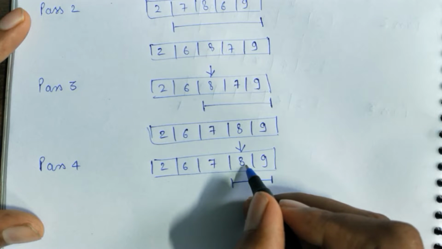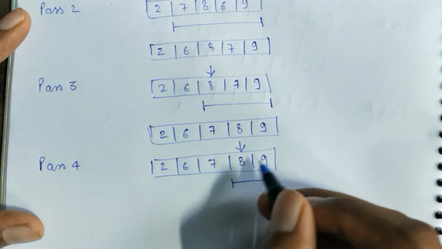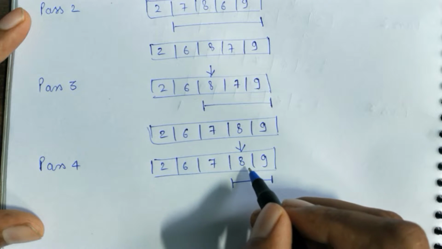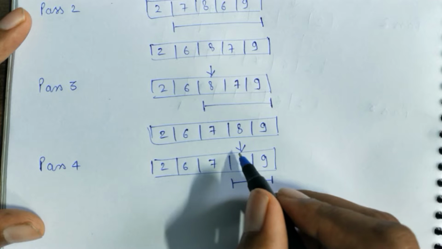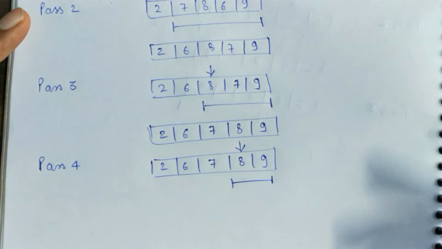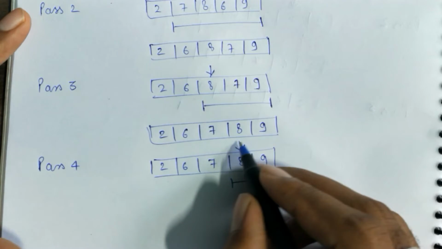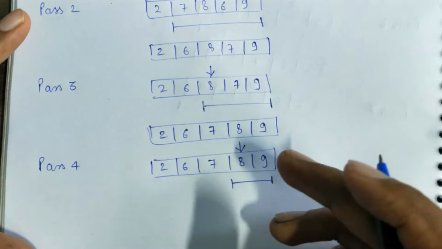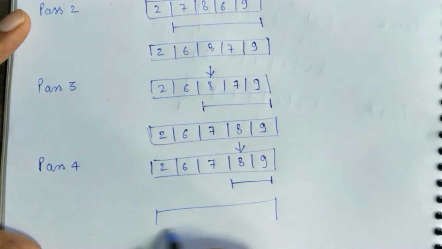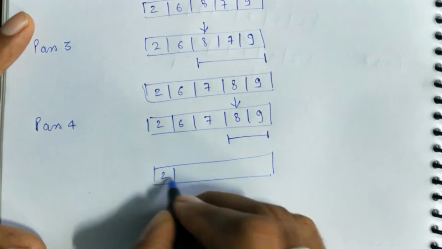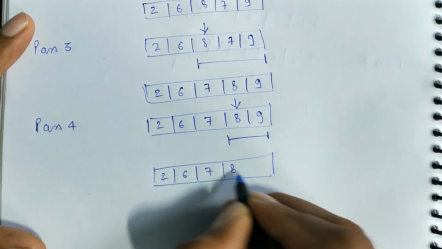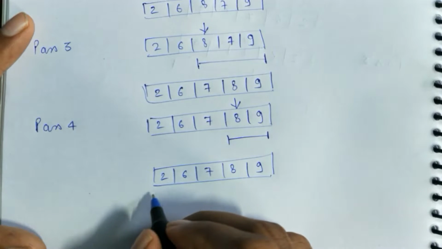So already 8 is the smallest element in this part of the array and it is already placed in the index that we are searching for, so it will get swapped with itself. Now after the pass 4 our array will be 2, 6, 7, 8, 9.